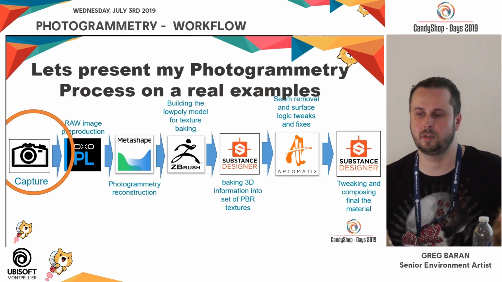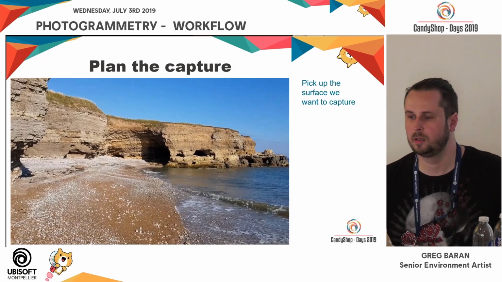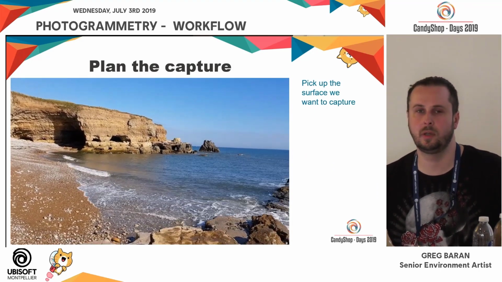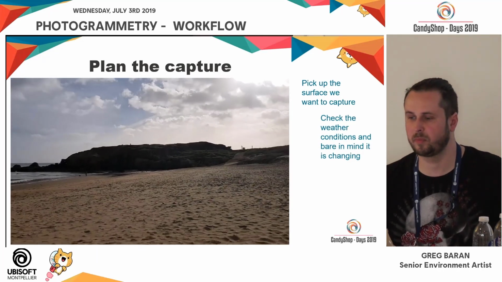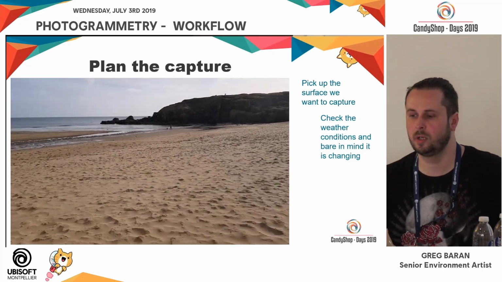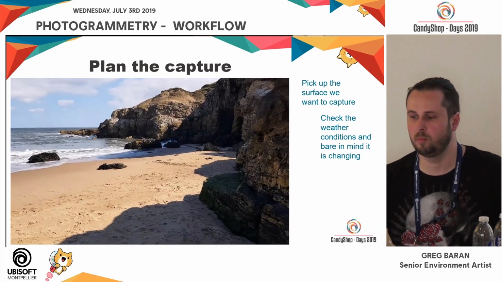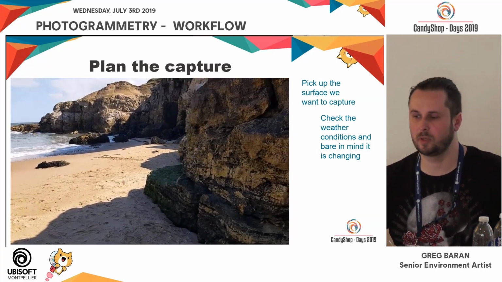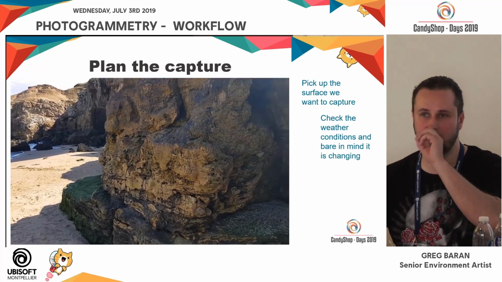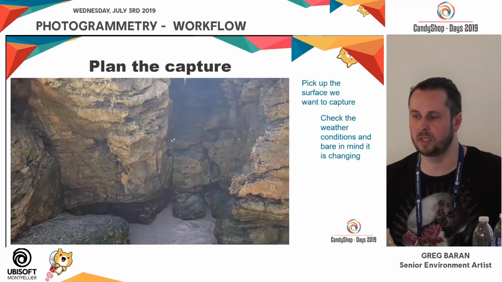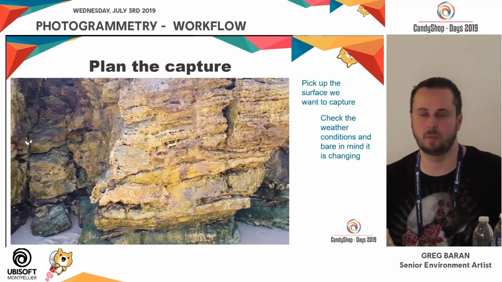The first part is capture. So to capture something, we need to go to the location and find the spots where we want to capture, see the lighting, see how it is going to change. Maybe we need to pick something which is hidden in a shadow. We need to know that the sun is moving, so something which is in shadow might not be in a shadow after 20 minutes.